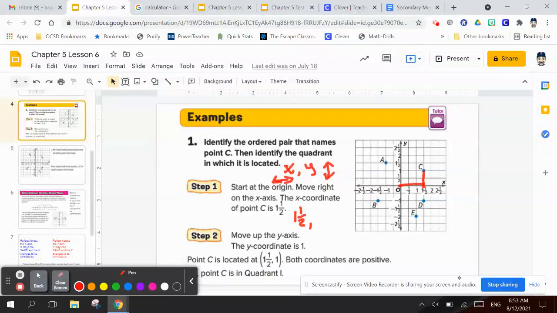So if I draw my line to C, I go over and it's at 1. So you always have to do your x first, then your y value. So x left and right first, then go up or down. So my coordinates for C, or its address for that house, is 1.5, 1.